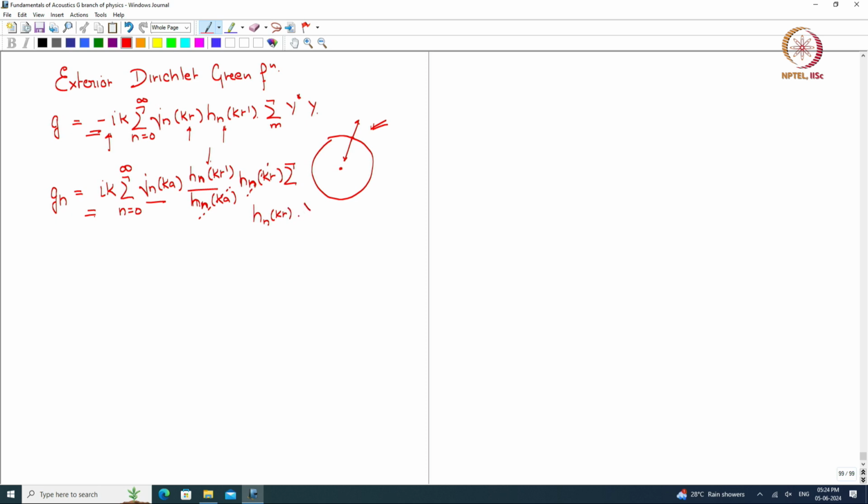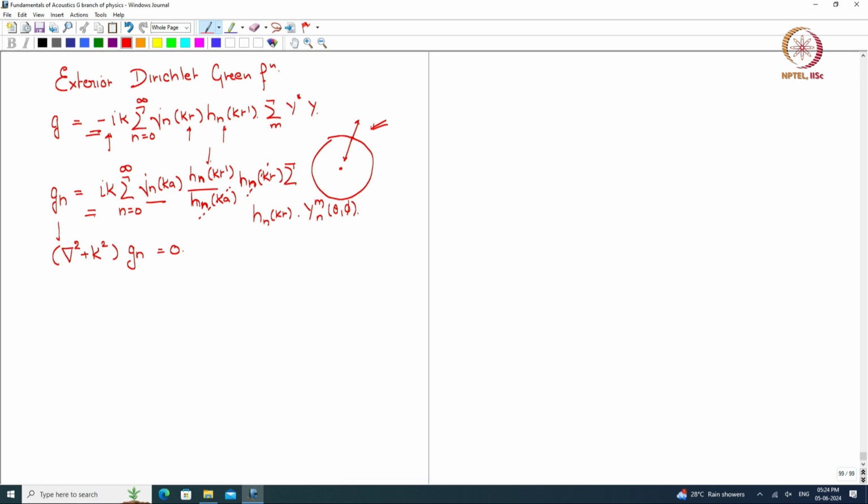Okay, and because this is h n of k r along with Y m n of theta comma phi, the spherical harmonic, G_h is a solution to the homogeneous wave equation for the domain that extends to infinity: del square plus k square G_h, where del square operates on r dash, theta dash, phi dash.